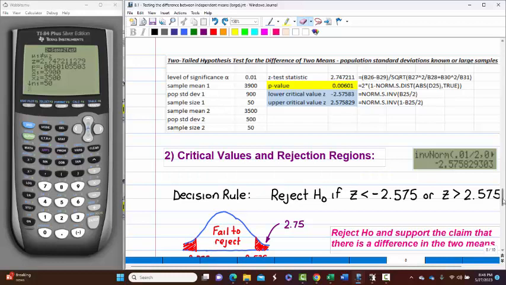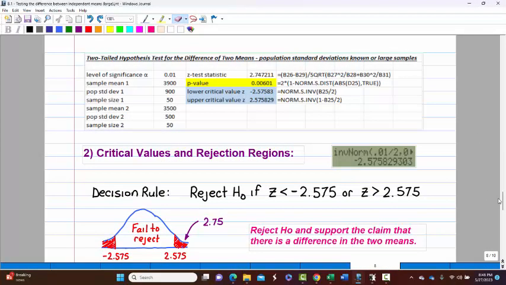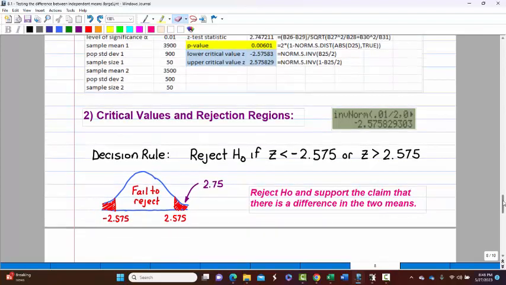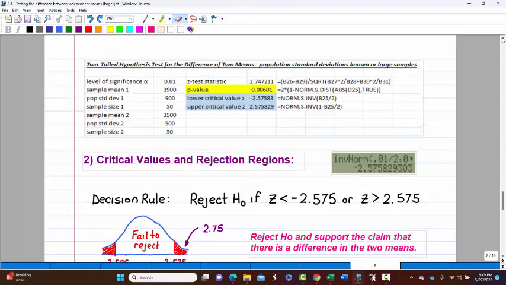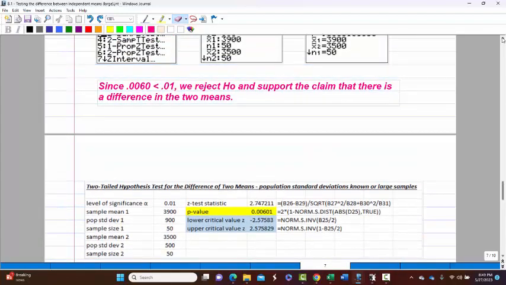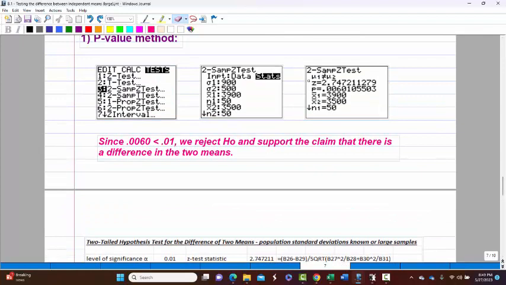So our decision rule in this method will be reject the H0 if z is less than negative 2.575 or greater than 2.575. So we'll look at the Excel, and there's already the test statistic, 2.747. It looks like I just rounded to 2.75. Should be the same thing in the calculator. There it is, your test statistic, 2.747.